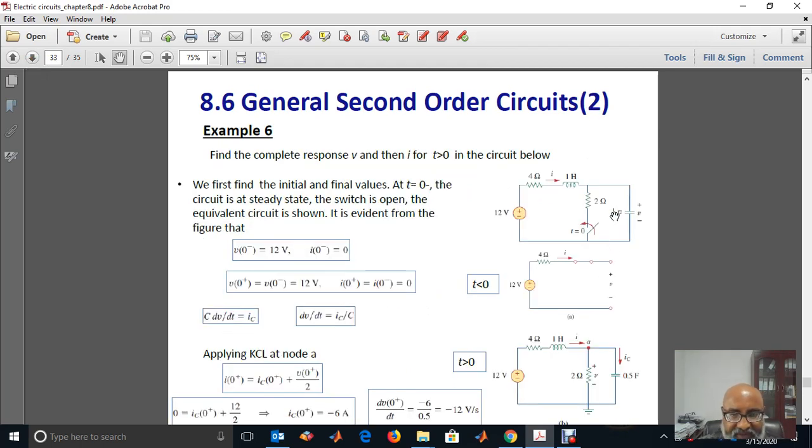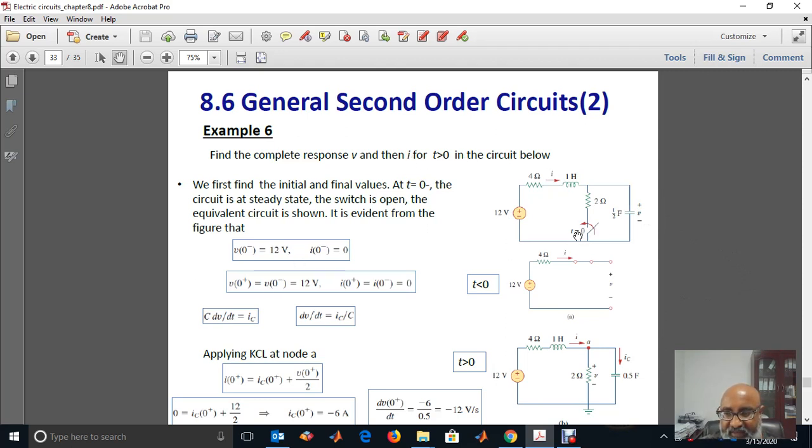Let's have, for example, this general second order circuit. At t equals to 0, the switch is closed. That means before t equals to 0, this was open and the inductor reached the steady state and the capacitor reached the steady state. That means the inductor is a short circuit, the capacitor is an open circuit. What is required is to find the voltage V across the capacitor and the current I for t greater than 0.